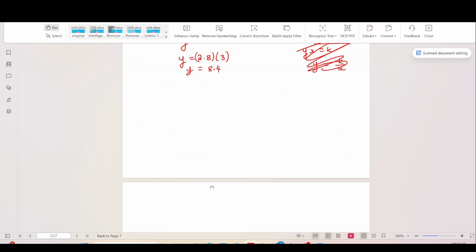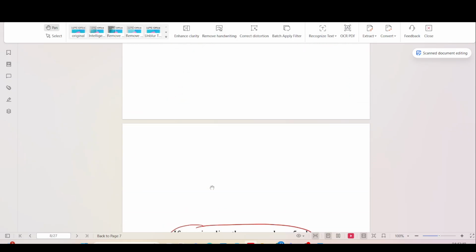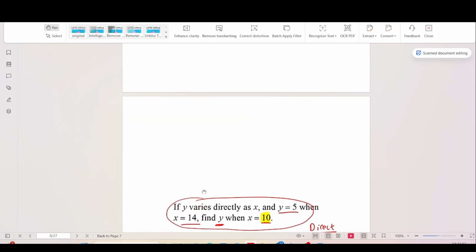Now, try this one. y equals 5 when x equals 14.